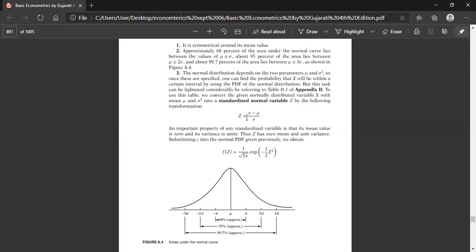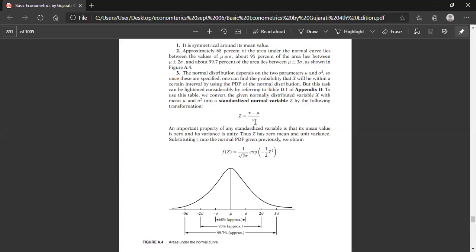How do you get a standardized normal variable, or for that matter any standardized variable? This rule, never forget this rule. To standardize a variable, you take the variable minus the mean of the variable divided by the standard deviation of that variable. See, here we have this x, normal distribution, x variable. We subtract its mean, x minus mean of x, not mean of something else, divided by standard deviation of x, not anything else.